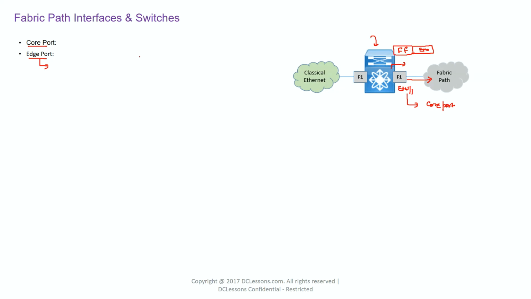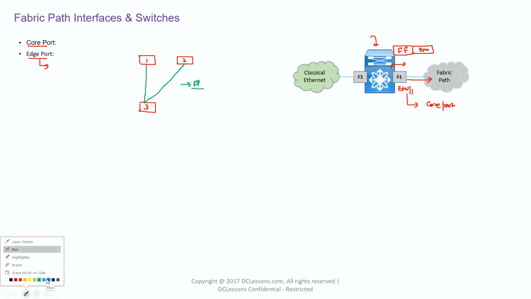So let me make it more clear, right? This is switch 1, this is switch 2, this is switch 3. Let me change the color. And this is my fabric path, right? And this is my LAN.